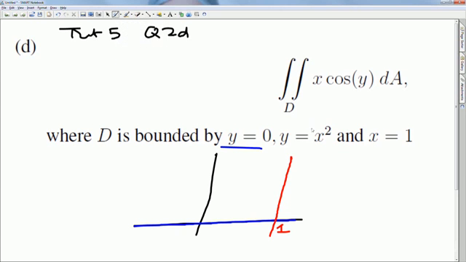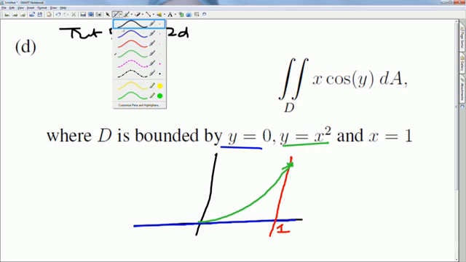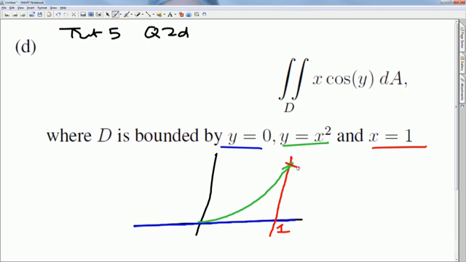And the line y equals x squared, which cuts at some point. And again, you can work it out. When x equals 1, plug in 1 squared, it gives you y equals 1. We want to work out the region which is bounded by those three curves, which would give this sort of region here. So what I want to do is integrate over this area.